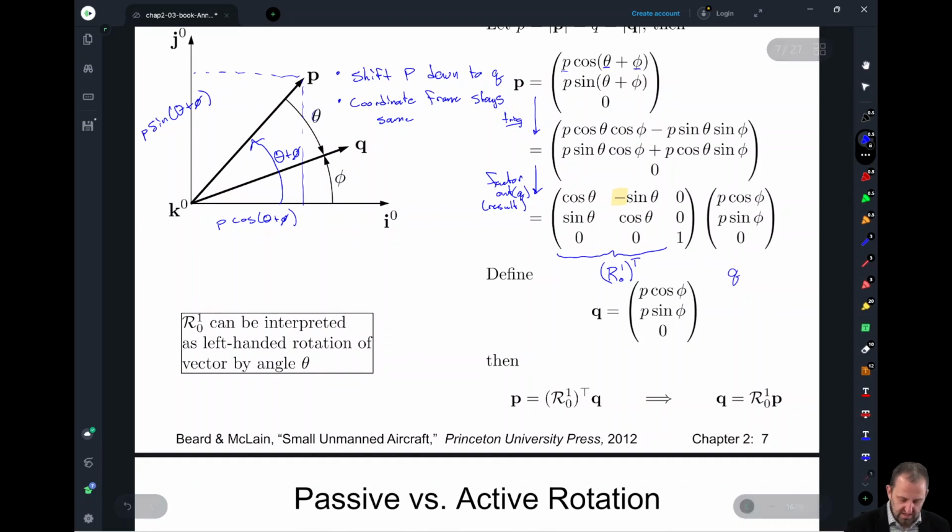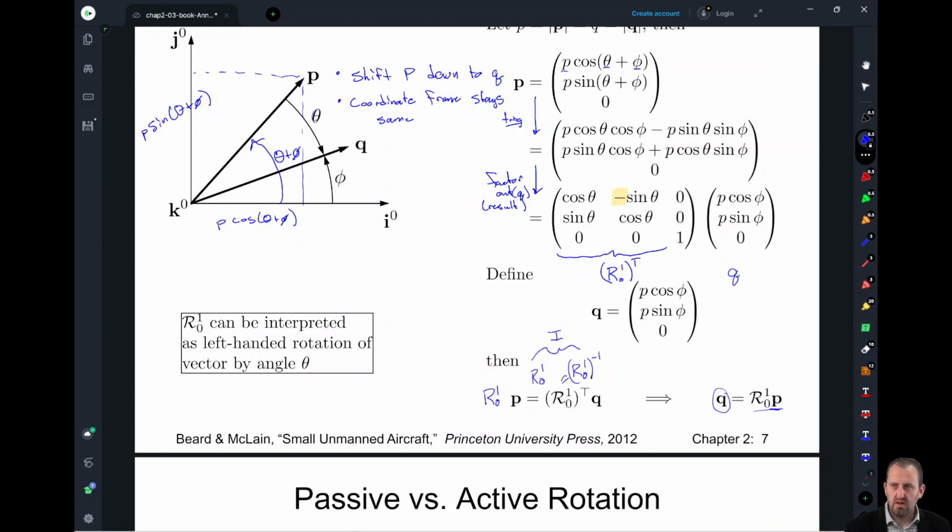So we multiply Q times that R 0 to 1 to get to P. Now if we were to get Q out as a result of P, we would take the transpose. Because this is equal to R 0, 1 inverse, we can multiply both sides by R 0, 1, and we end up getting that P times R from frame 0 to frame 1 is equal to Q. We cancel those things out, because if we multiply them together, it's just going to be the identity matrix.